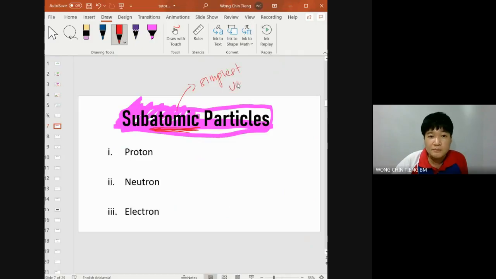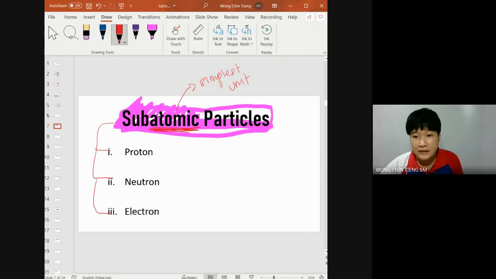And you know what this simplest unit is made up from? This simplest unit is made up from three things. Proton, neutron, electron that we call subatomic particles. Subatomic, apa yang duduk dalam atom. So atom, the simplest atom that you always write. Any question? Mimi?